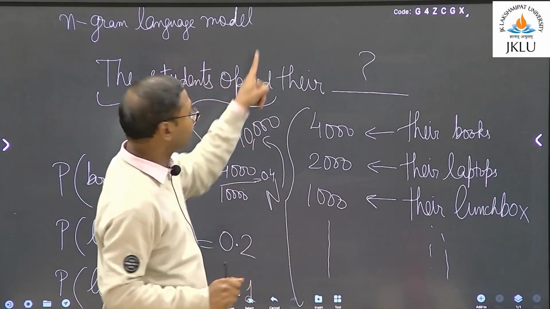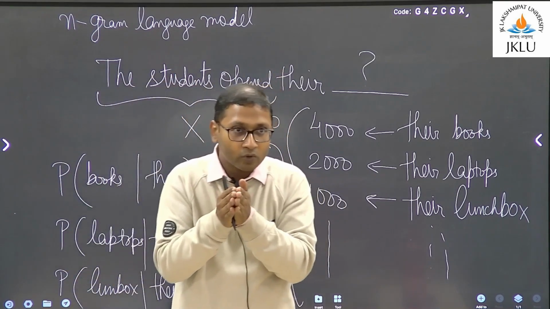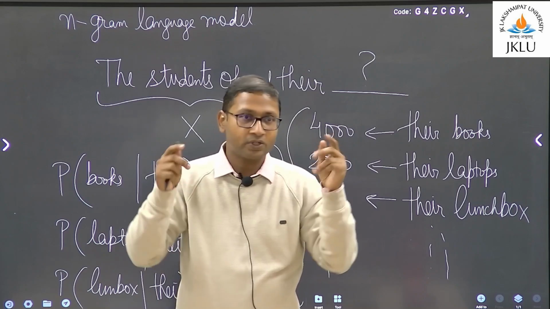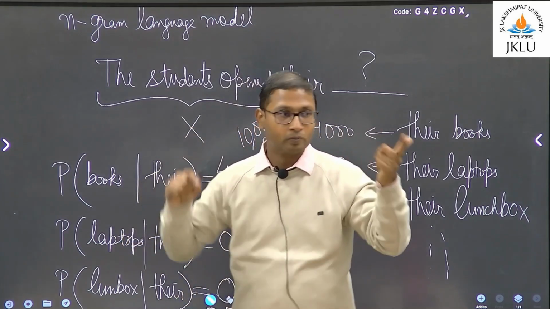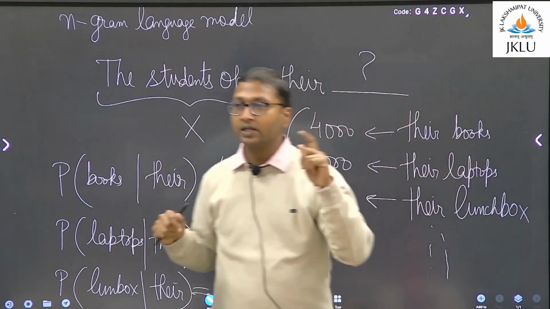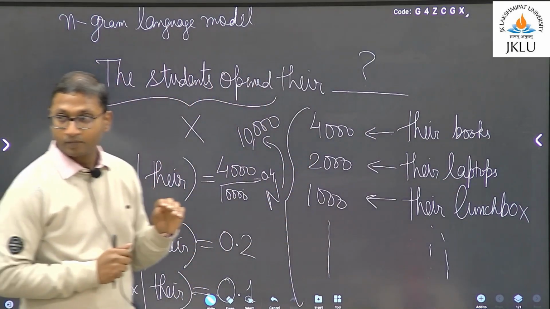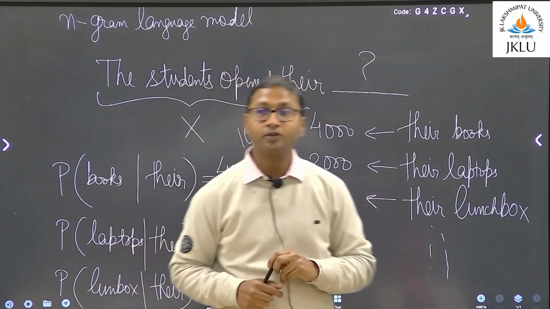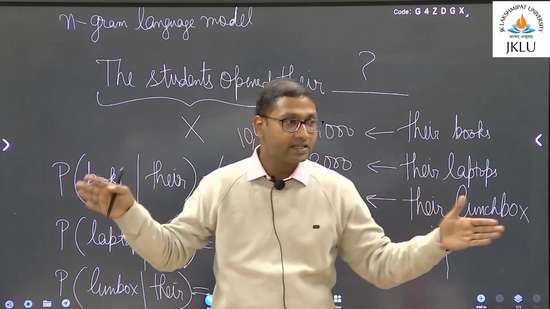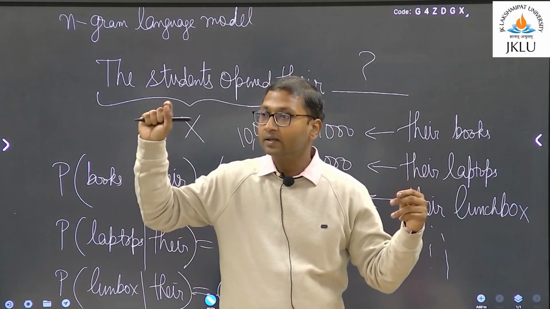Now it cannot be shopkeepers opening their shops. So students opened. So the more you increase this n, so we started with n equal to 2 bigrams, then n equal to 3, then n equal to 4. You keep on increasing n, right? Your context window is increasing and you are able to guess the right word.